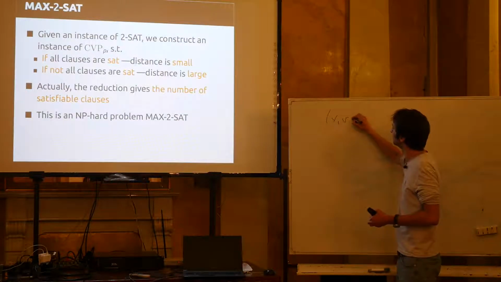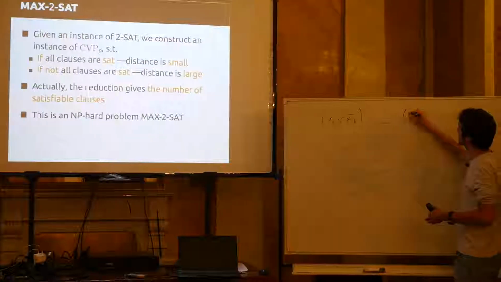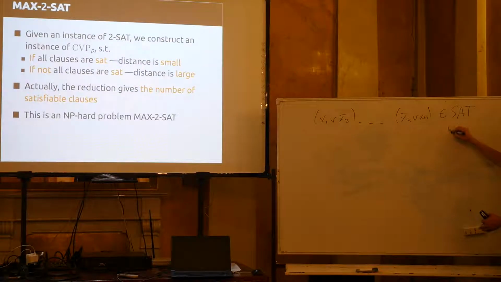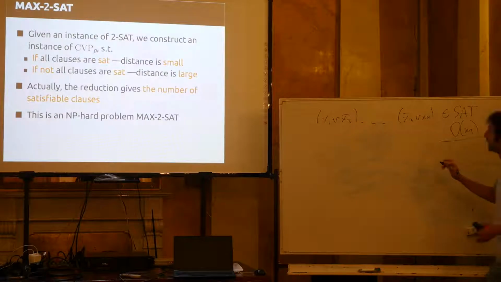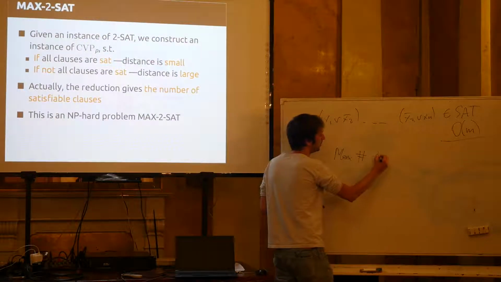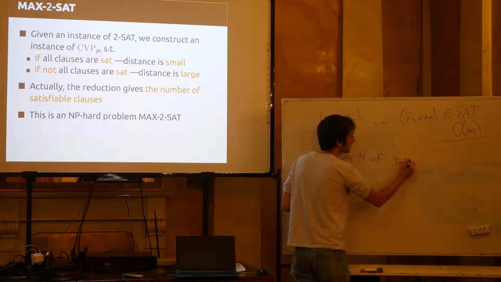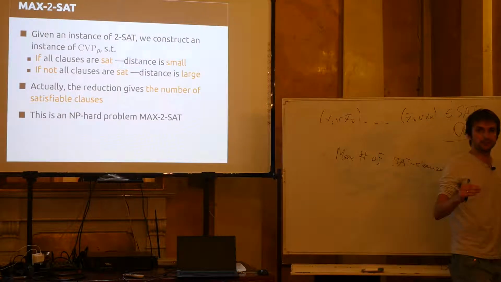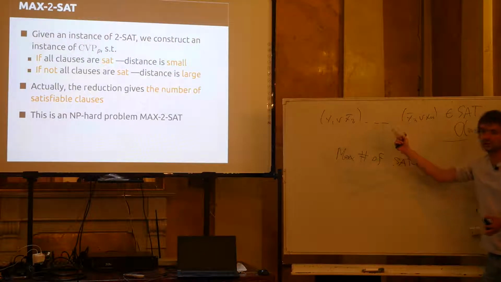Given a 2-SAT formula, just understanding whether it is satisfiable or not is a simple problem. We saw in the problem solving session that you can solve it in linear time. But the following question, the max number of satisfied clauses, is this: go through all assignments to the Boolean variables and check how many clauses each of them satisfies.